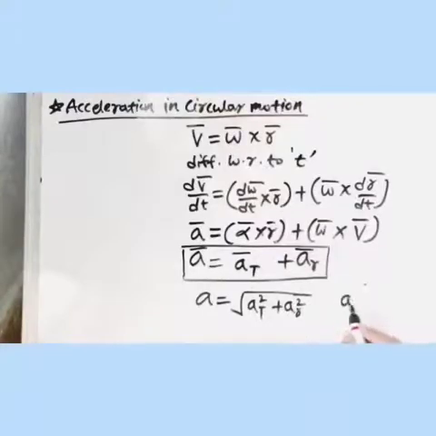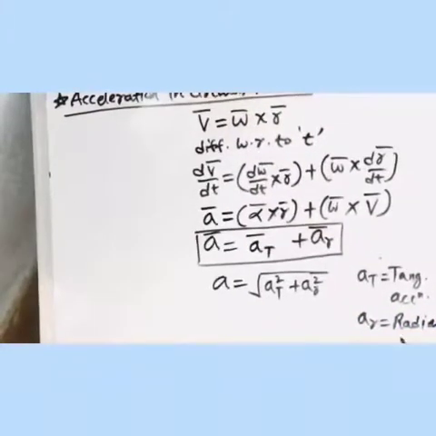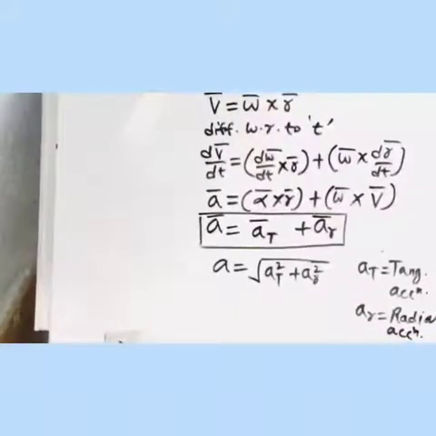where at is the tangential acceleration, and ar is nothing but the radial acceleration. So these are the two accelerations, that is, total acceleration in circular motion A is a combination of tangential acceleration and radial acceleration.